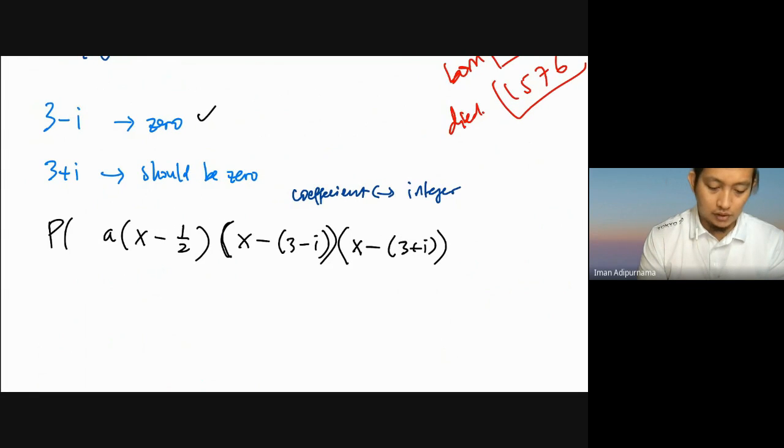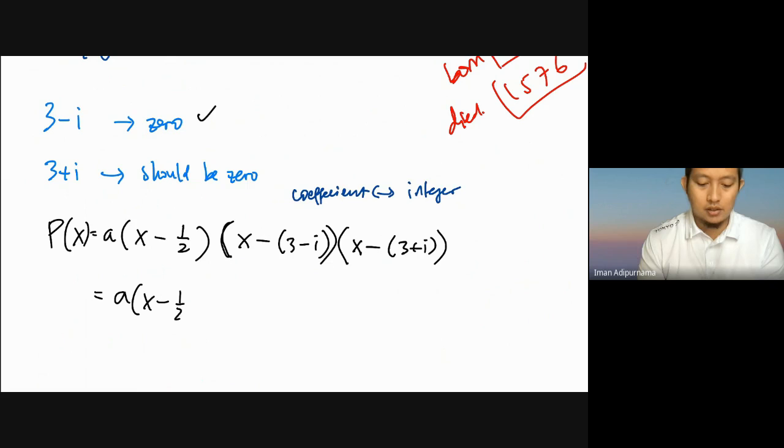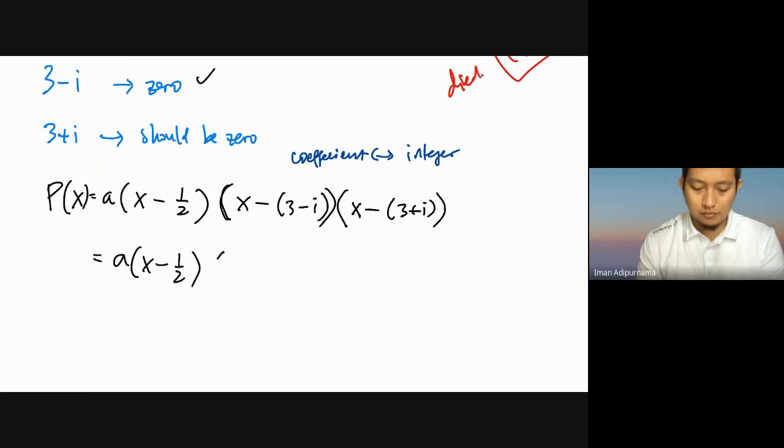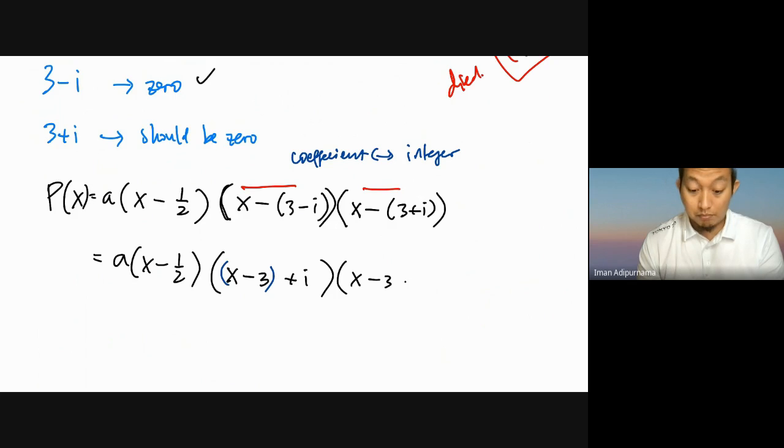Okay, let's write this as p of x. Let's start slowly. First, maybe this will be x minus 3 plus i, because I know that there will be an x minus 3 here. I will make a bracket here. Then x minus 3 minus i, and I will make a bracket here.